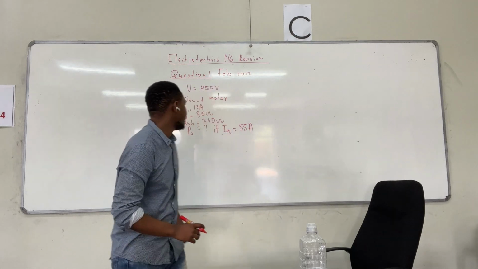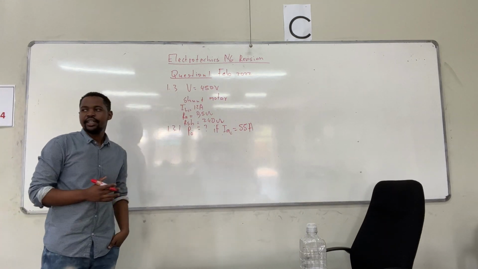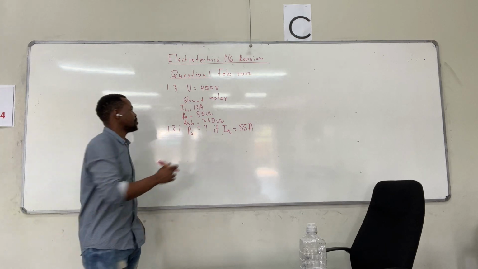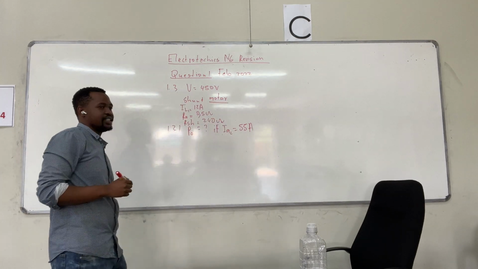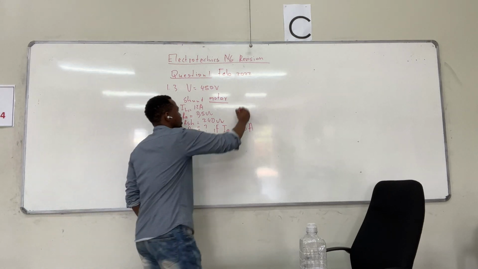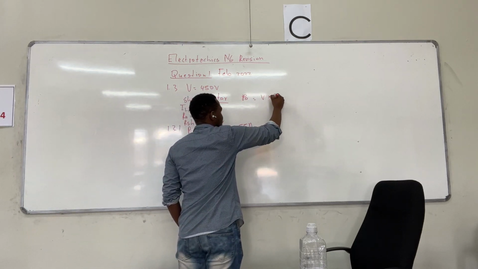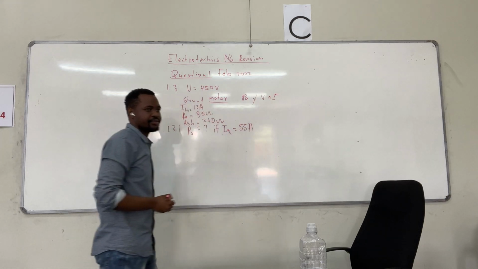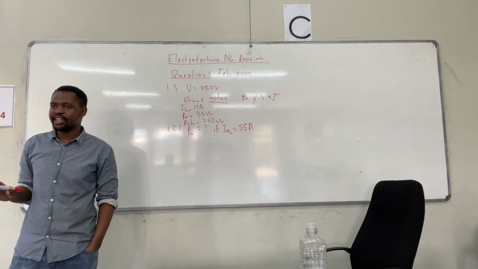IA2 is lower. So they want the output power. And what are we talking of? A motor. So we cannot say power out is V times I, because the motor power out is non-electrical.